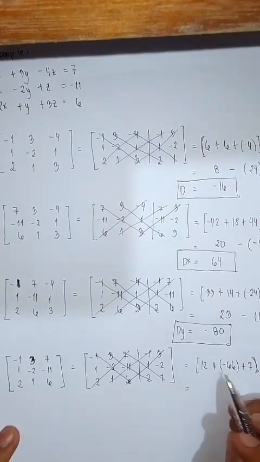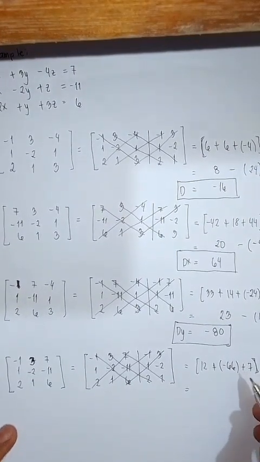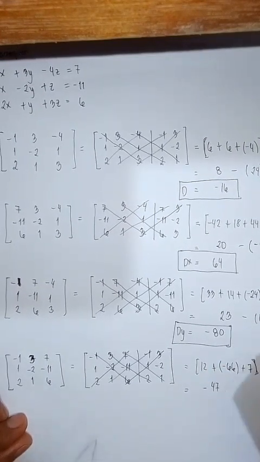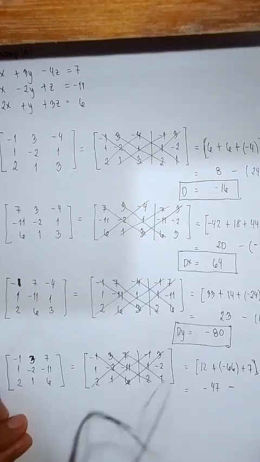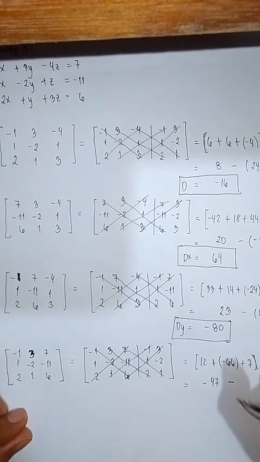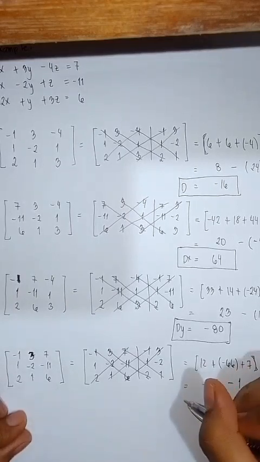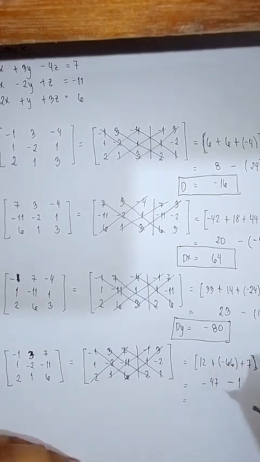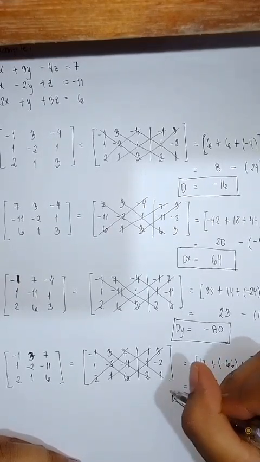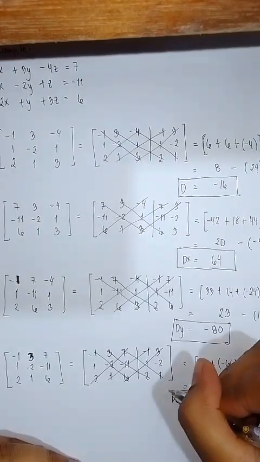So negative 66 plus 7 is equal to negative 47, minus negative 28 plus 11 plus 18 is equal to negative 1. So negative 47 minus 1 is negative 48. So our D sub z is negative 48.